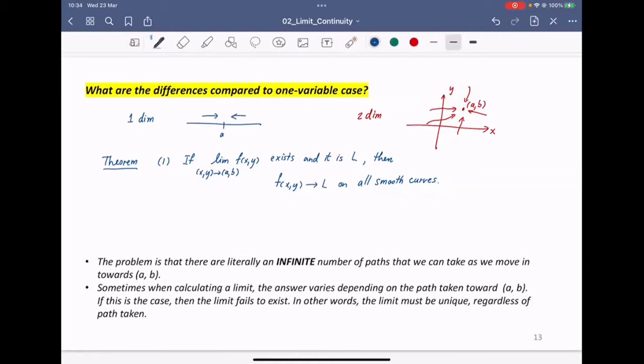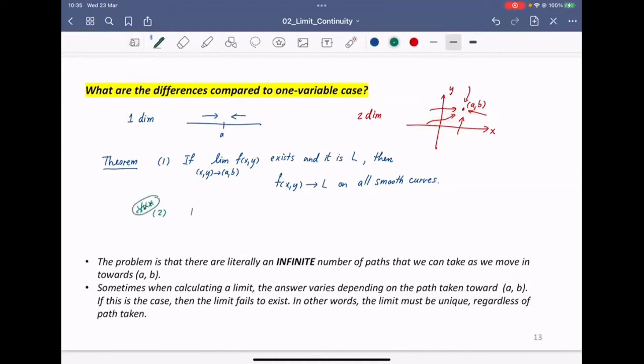Number one is not that interesting, but number two is interesting, because we know that if the limit exists, every line gives you the same limit. This means if you find any two lines that give you different limits, then the limit does not exist. This is very important.